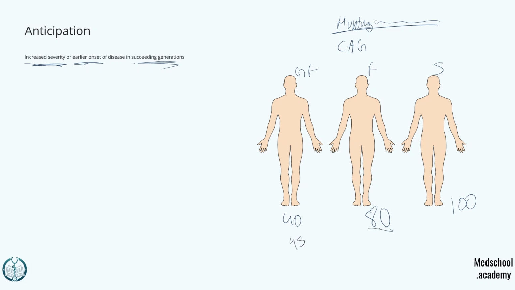And because this person has more repetitions of the CAG trinucleotide, it's going to show up earlier. So let's say the symptoms of Huntington's show up when he's 40. For this person, the repetition is even more severe. So what does that mean? It's going to show up earlier, let's say 35. That's anticipation.